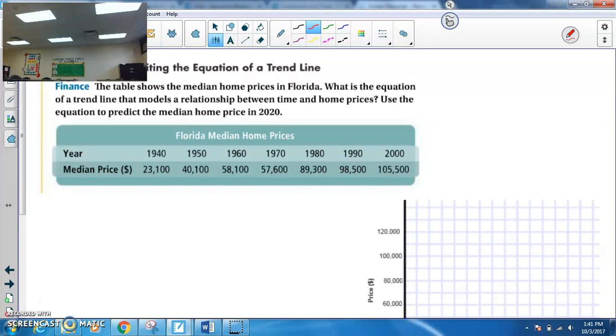So we are going to write the equation of a trend line. The table shows the median home prices in Florida. What is the equation of a trend line that models the relationship between time and home prices? And then we're going to use the equation to predict the median home price in 2020.